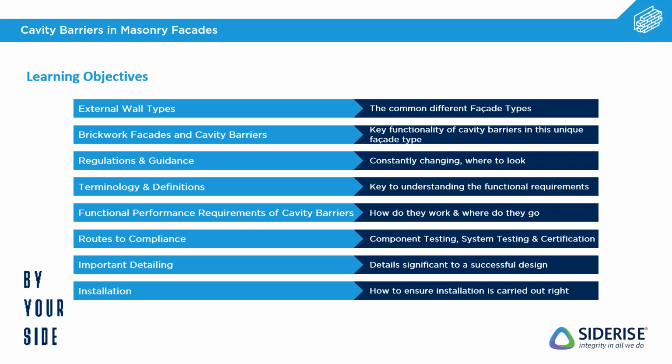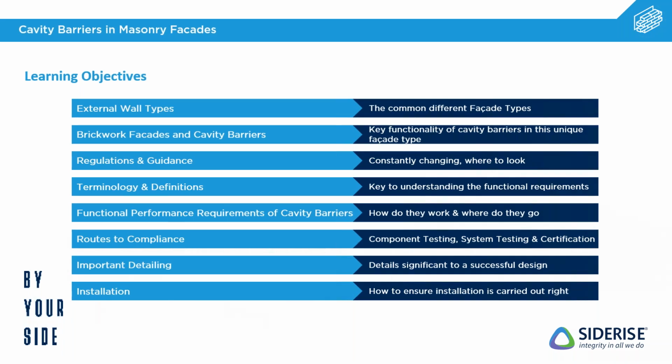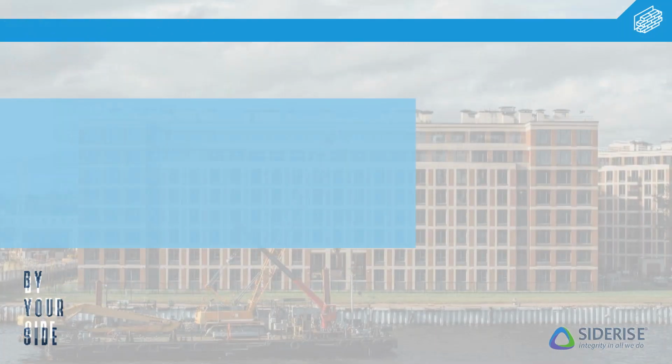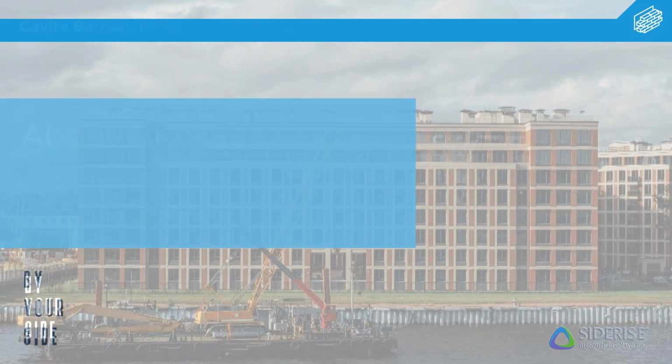We've got a few slides on some important detailing which are also available as standard details from siderise.com, and a little bit about installation and services that should be made available from all manufacturers, and a couple that we specifically do have.